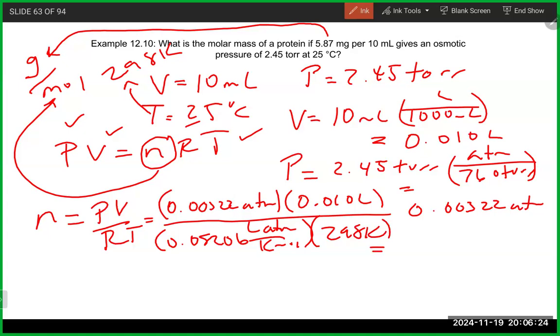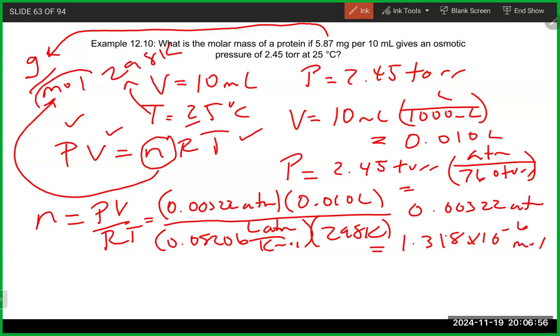That will give us our moles. So 0.00322 times 0.01 divided by 0.08206 and divided by 298 is going to give us, in terms of moles, 1.318 times 10 to the minus 6 moles.